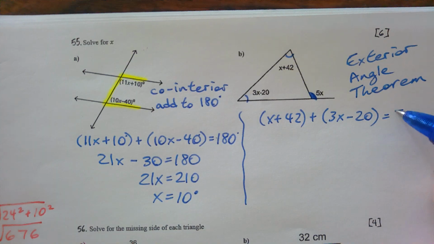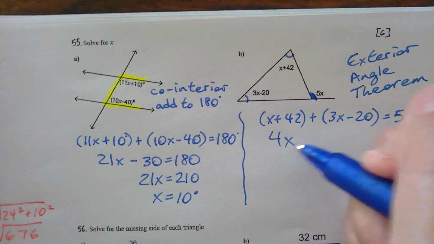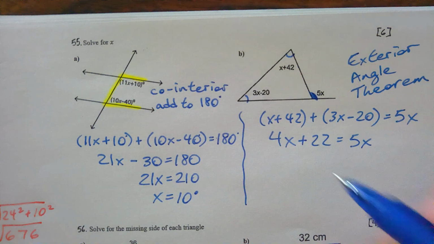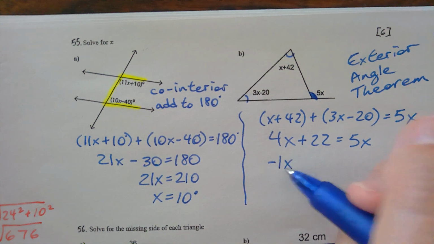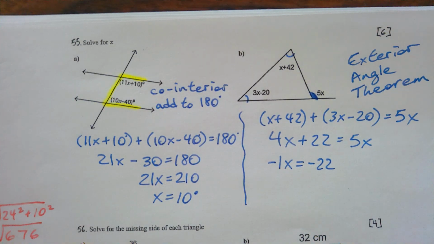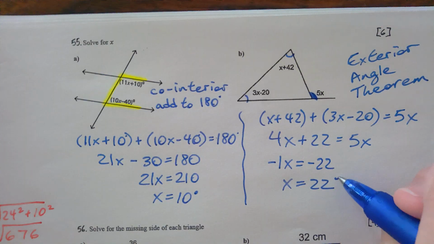When you add it up, it equals the 5x. So 4x plus 22 equals 5x. Move that over. You could move the other one over instead, but same thing. So x equals 22 degrees.